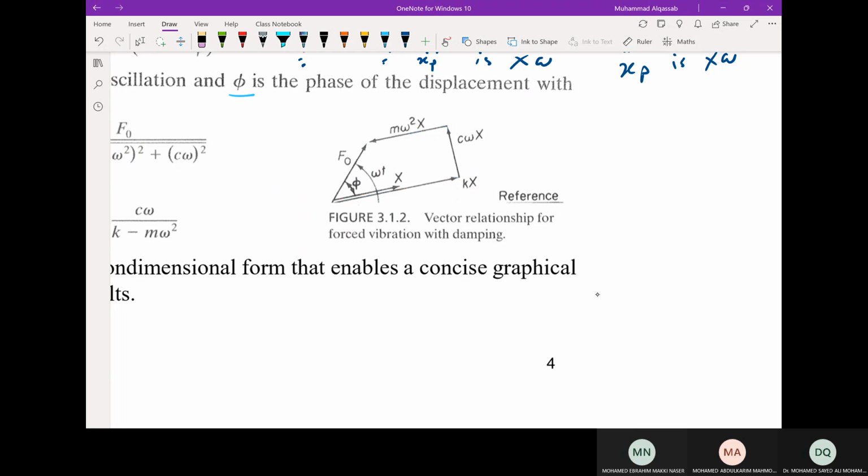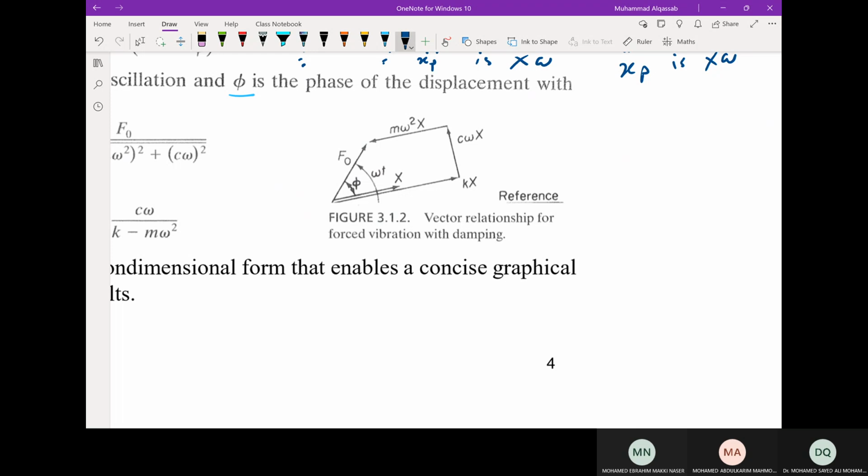The one that closes the polygon is the right-hand side, which is the magnitude of the force, F naught. So that closes the polygon, and this is representing the differential equation. We use our knowledge that those terms are forces, and then we can find the constants of the particular solution.